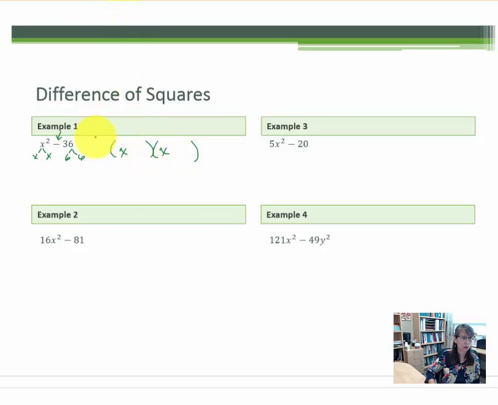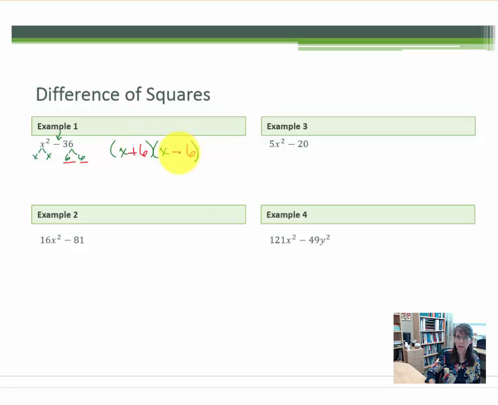And 6 times 6 makes 36, so that fills in the last term of each binomial. Now the only thing remaining is to account for the minus. It is a negative 36, so the only way we could have 6 times 6 make negative 36 is if one 6 is positive and the other 6 is negative. So this is the answer.